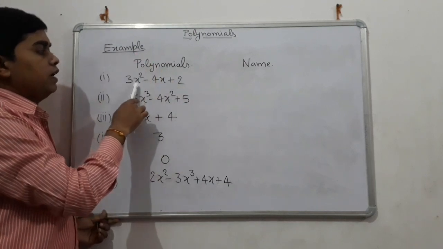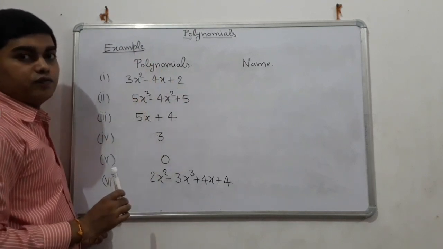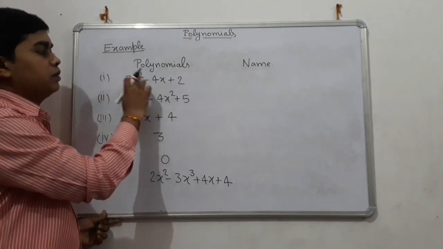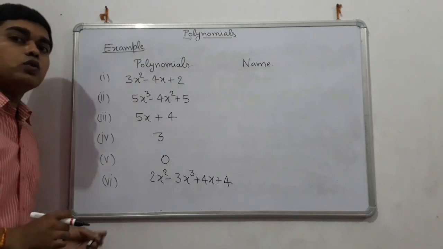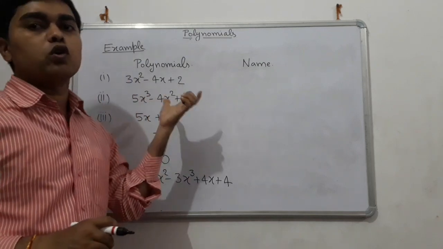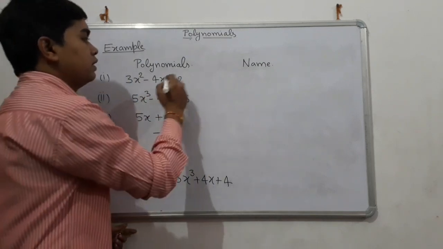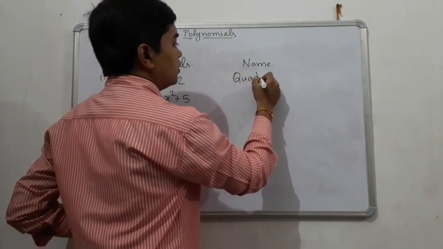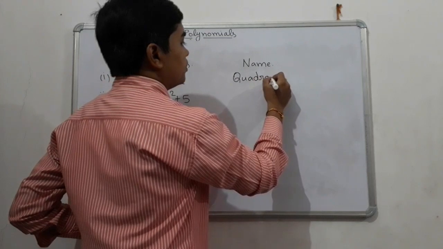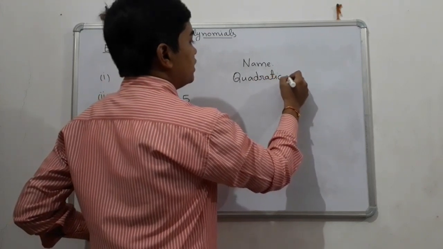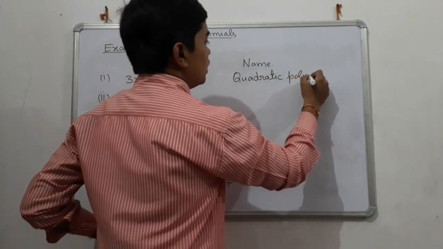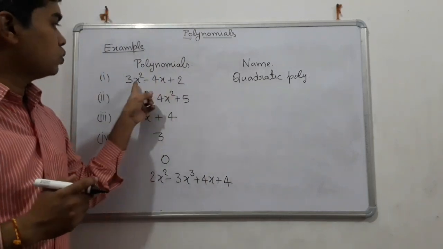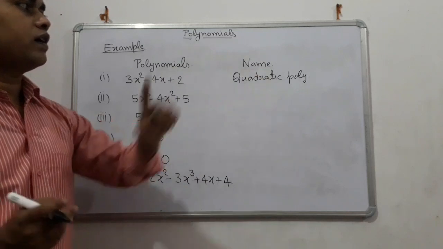Now children, see, the highest power of the variable is 2. So that's why you can say the degree of this polynomial is 2. So this is a quadratic polynomial because the degree is 2. Highest power is called its degree and the degree is 2. Therefore this is a quadratic polynomial.